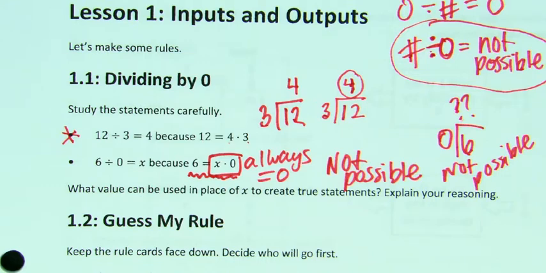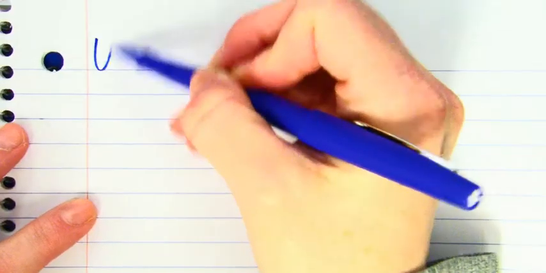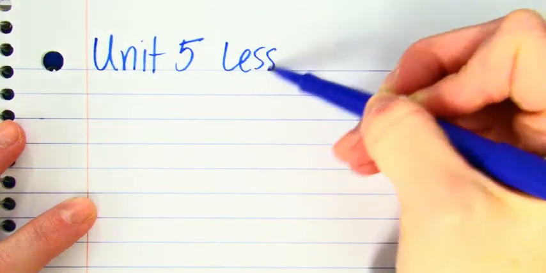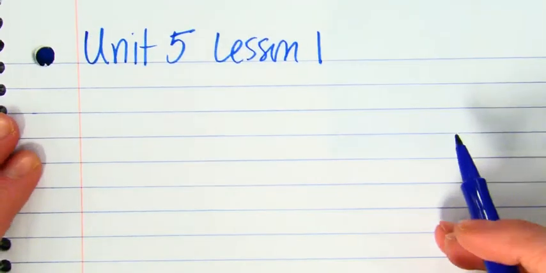Okay, so in your math notebook, take a second and label the page Unit 5, Lesson 1, because we will work a little bit in it here and there. So Unit 5, Lesson 1.